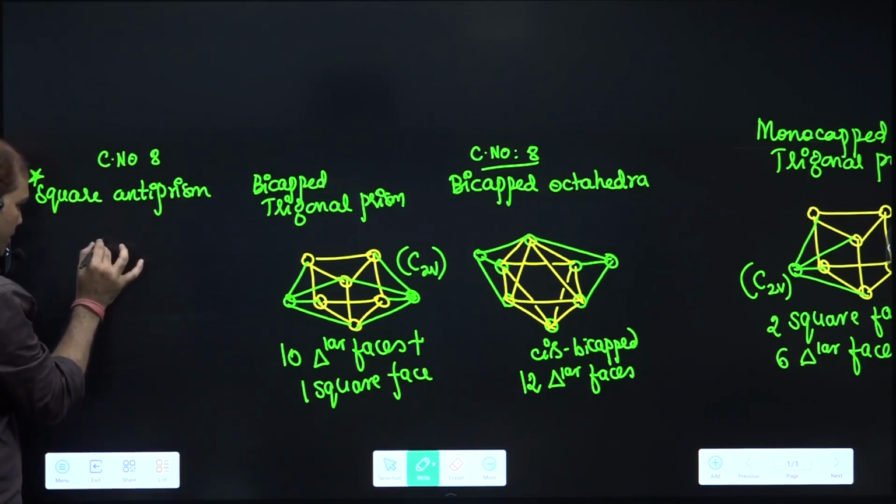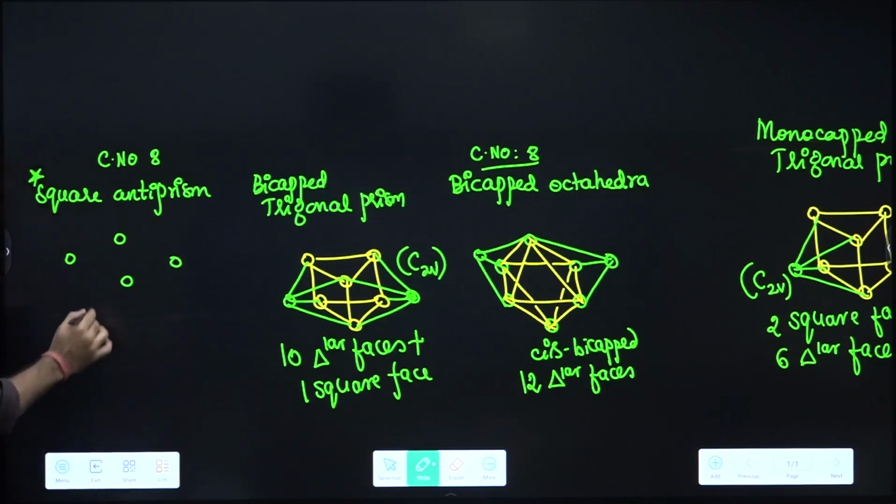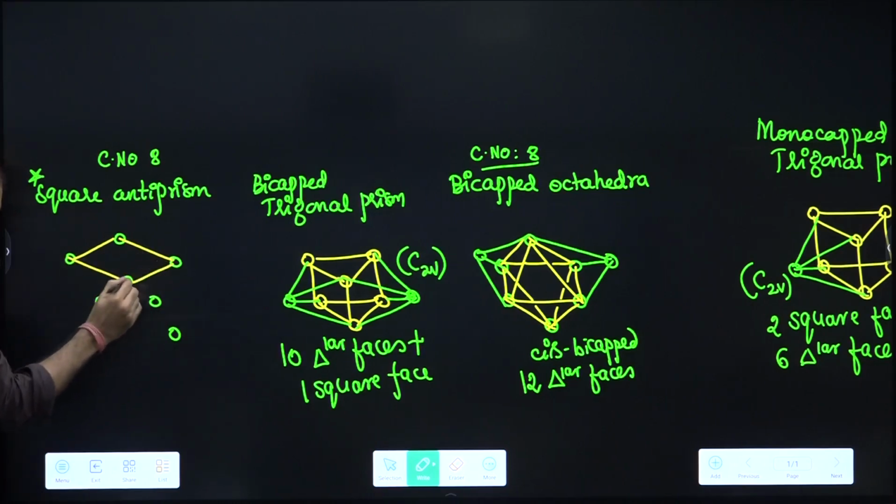Another important geometry is square antiprism. For square antiprism, first of all you put two squares staggered to one another.